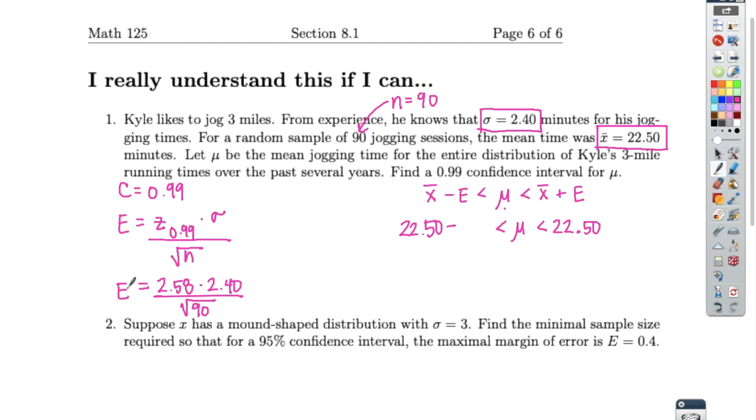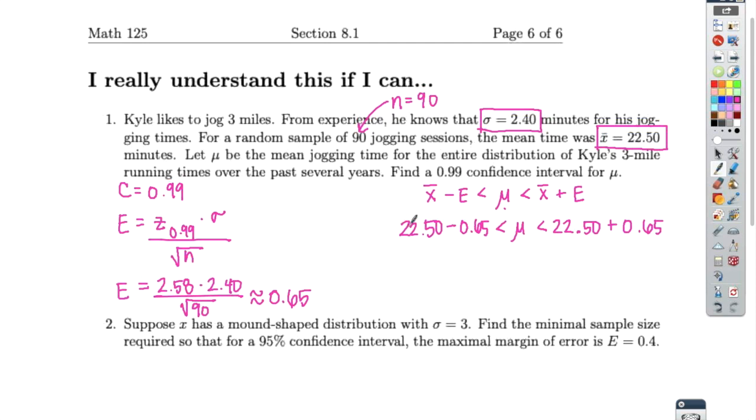When I throw this into my calculator, square root of 90, I get, I'm going to round to 2 decimal places here, 0.65, approximately 0.65. It's actually 0.6526941, but I'm going to round it to 0.65. So that's going to go in here everywhere I see this E value.